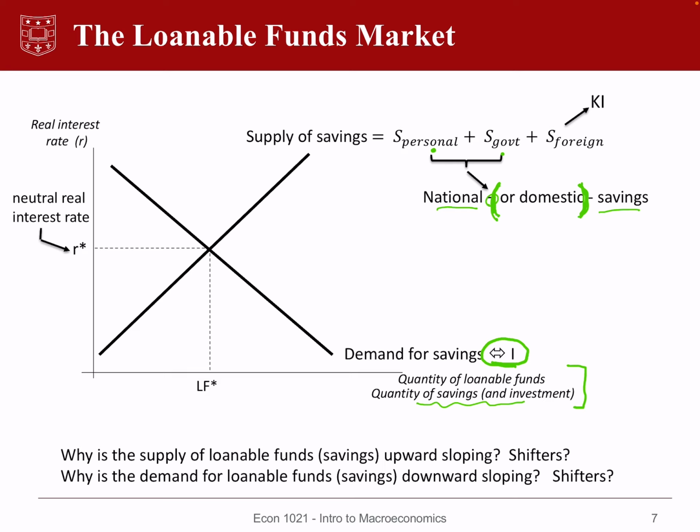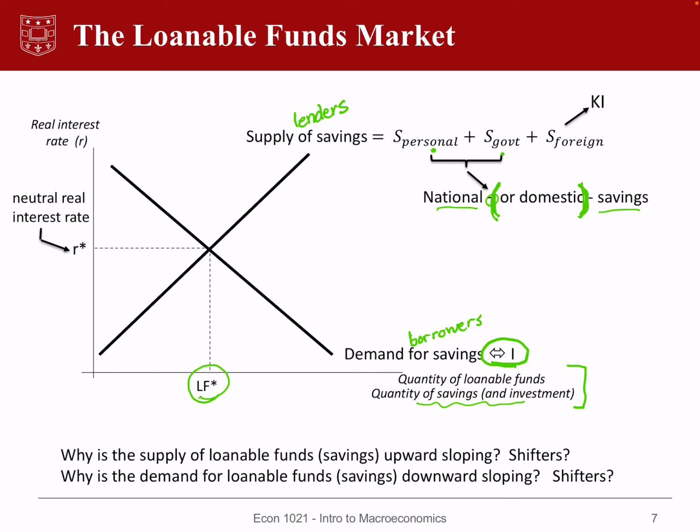We can see that the interaction of the demand and the supply determine an equilibrium quantity of funds that are borrowed and lent. So the supply of savings is coming about by lenders or savers, and the demand for savings is done by entities in the economy. We can think about this as firms, especially, that are borrowing.